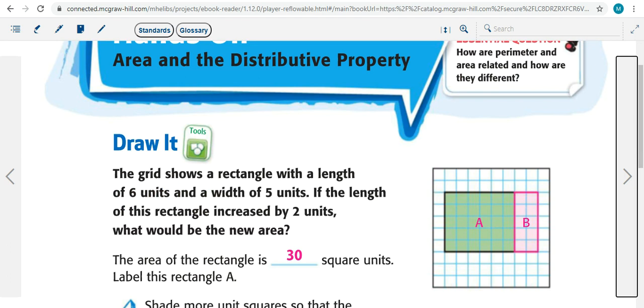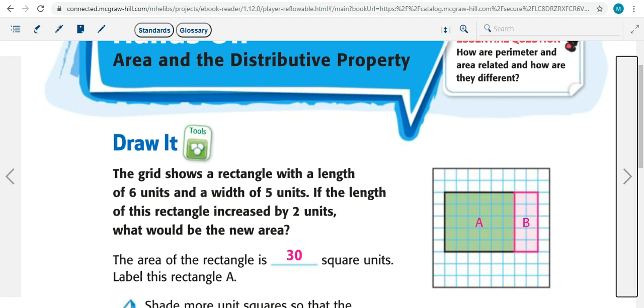5 units. Remember that length is largo and width is ancho. Now, if the length of this rectangle is increasing 2 units, what would be the new area?